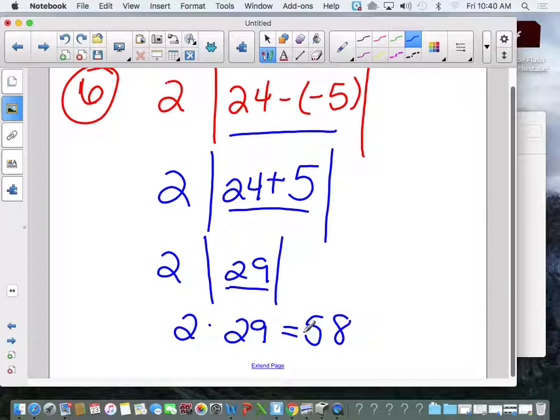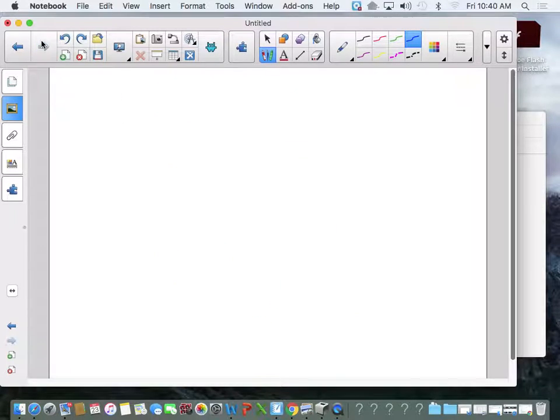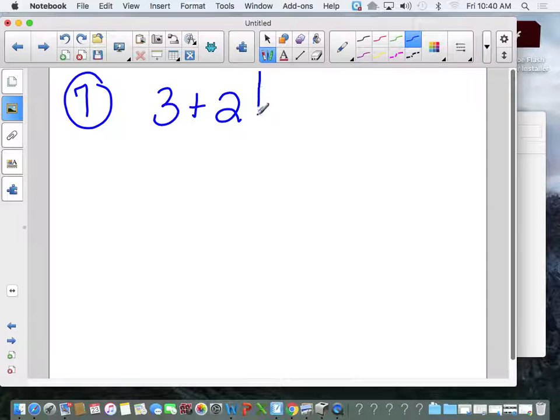And the last one. Evaluate 3 plus 2 times the absolute value of x plus y minus y.